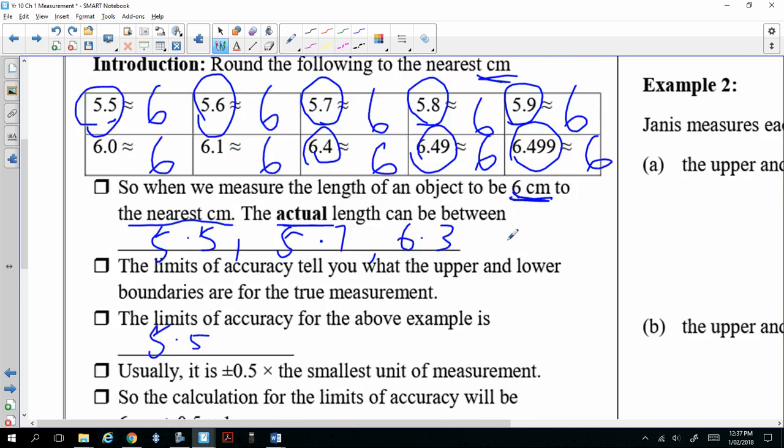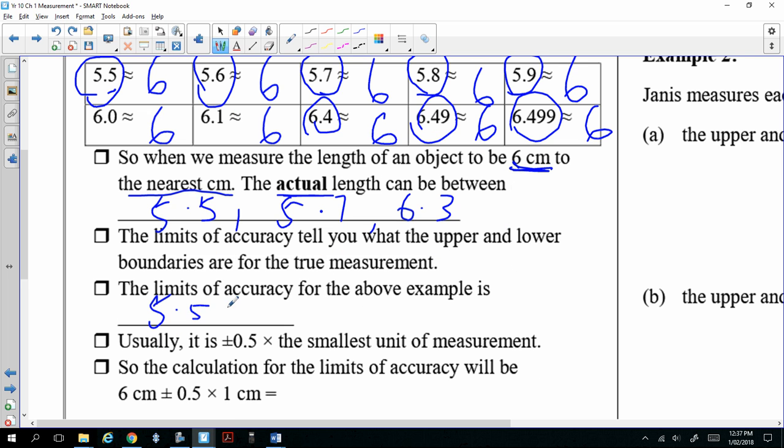It can't be lower than that. And what's the highest it could be? Yes, 6.5. The highest it could be is 6.5, the lowest it could be is 5.5. The actual measurement is anywhere between these two values.